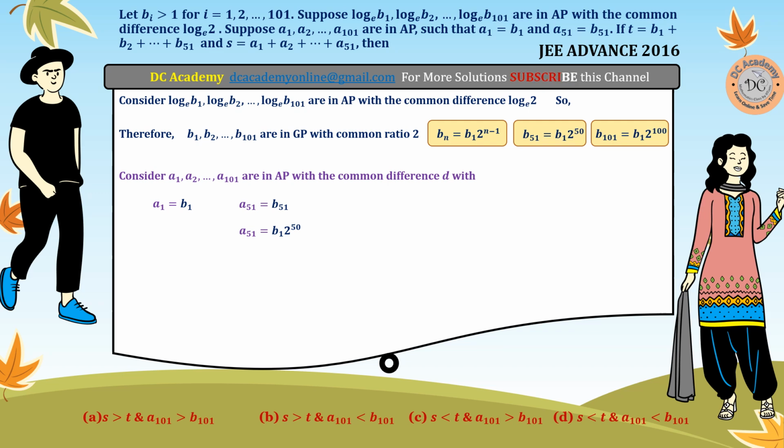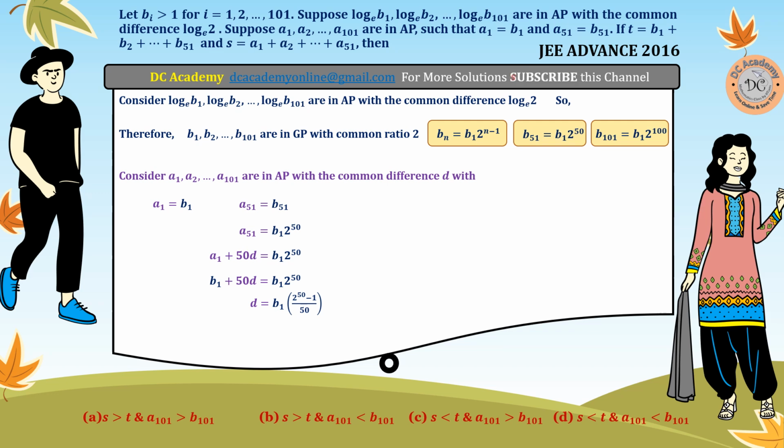So that can be rewritten as A1 plus 50D is equal to B1 times 2 to the power 50. Now we can find the common difference D by solving this equation. Since A1 equals B1, D is equal to 2 to the power 50 minus 1, divided by 50 multiplied by B1, which is a very straightforward arithmetic calculation.